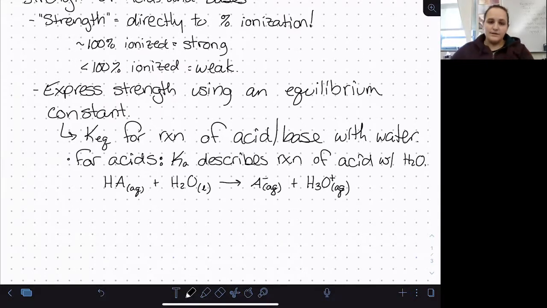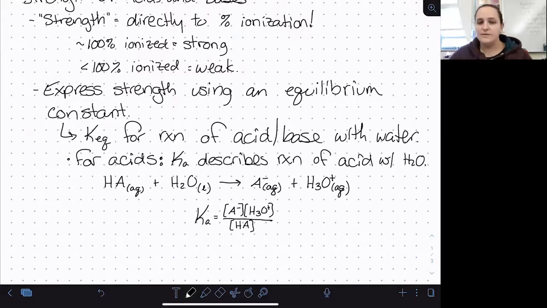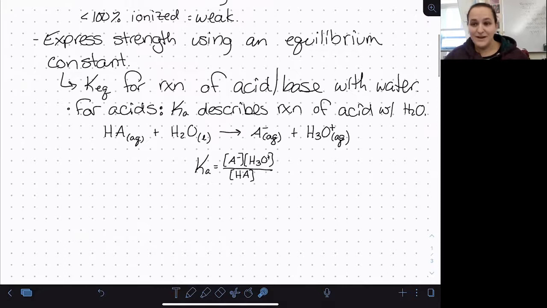So the equilibrium constant for this reaction we call Ka, and the equilibrium expression is just the concentration of the conjugate base times the concentration of hydronium divided by the concentration of the acid. Water is a liquid, so remember that that gets left out. But this is what our Ka expression looks like for any acid. You can plug in literally any anion and it's going to look the same. We're just plugging in that anion wherever we see an A.